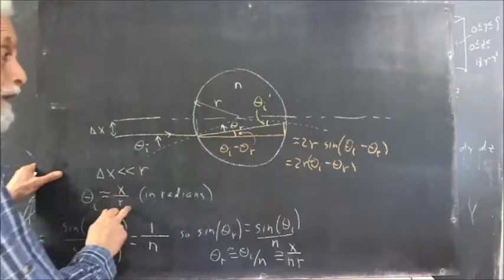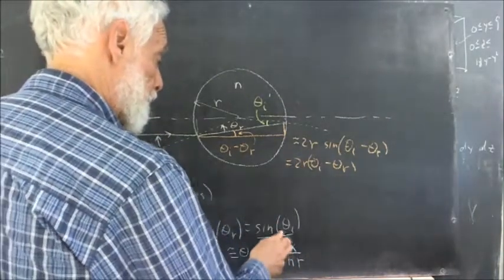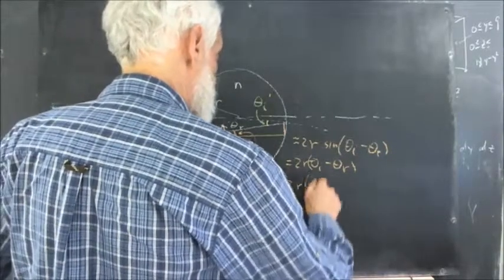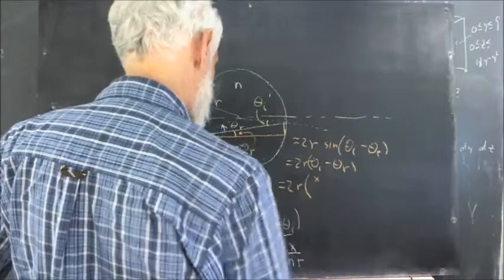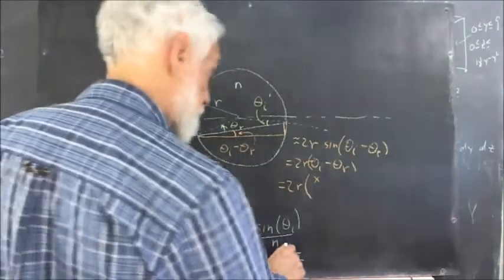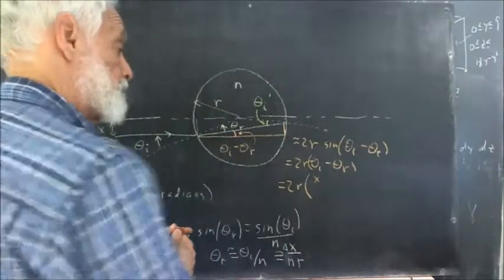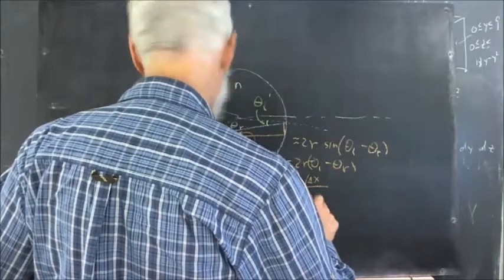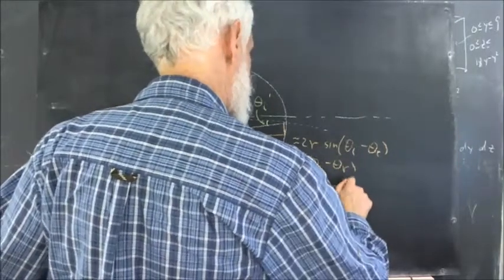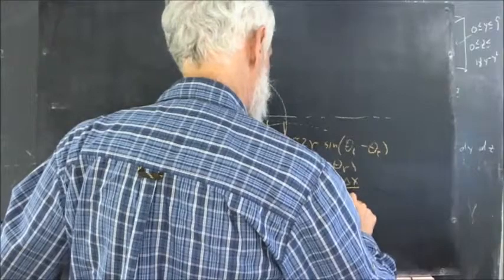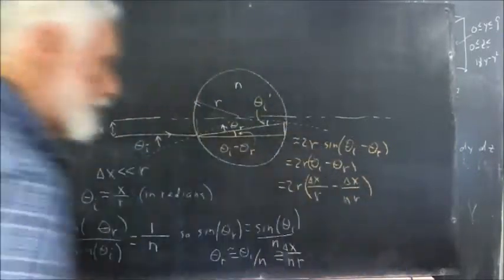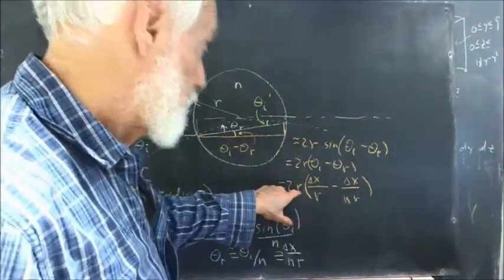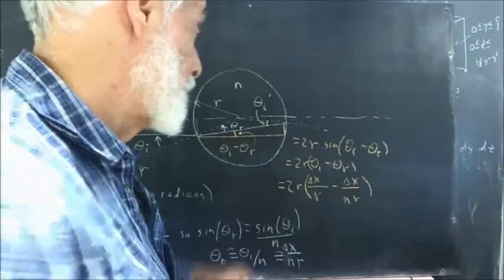Substituting delta x over r for theta sub I and delta x over n times r for theta sub r, we get 2r times delta x over r minus delta x over nr. But we can factor out the 1 over r, and that's going to divide the r here.